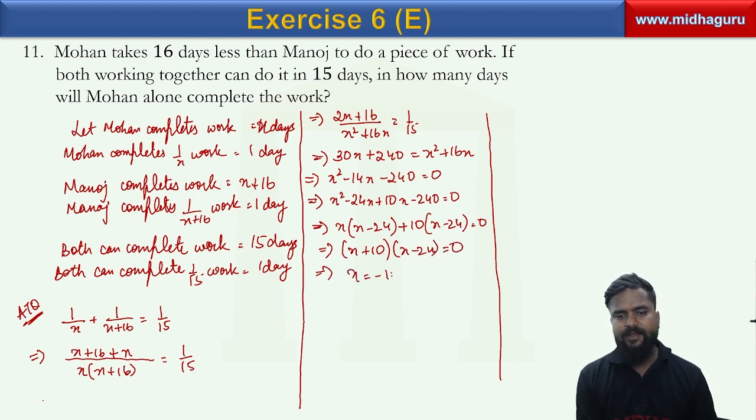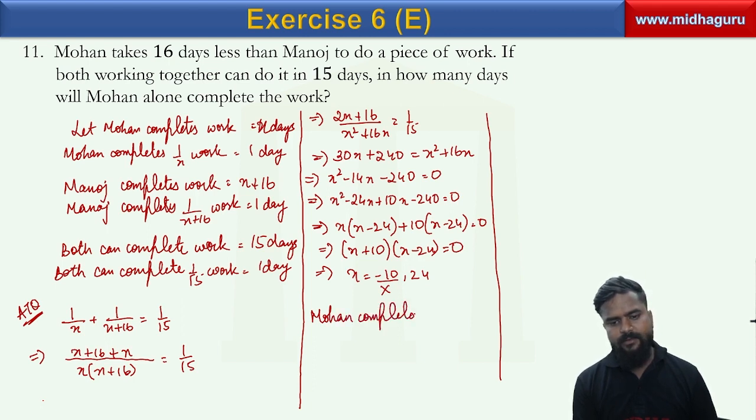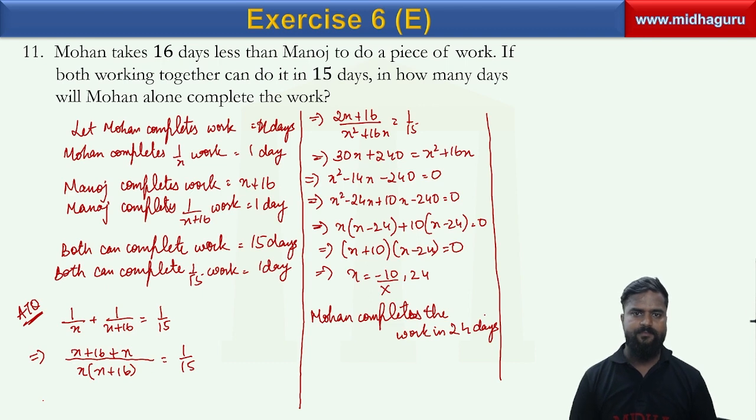So x is either equal to minus 10 or equal to 24. Since x was a number of days, it cannot be taken as negative. So we now know that Mohan completes the work in 24 days. So now let's move on to the next one.